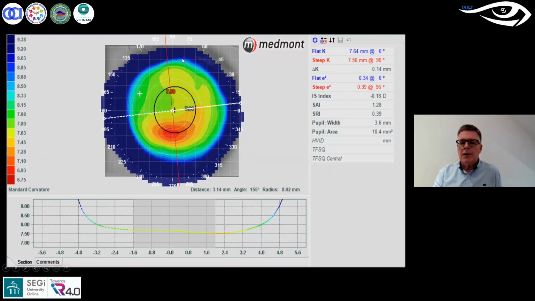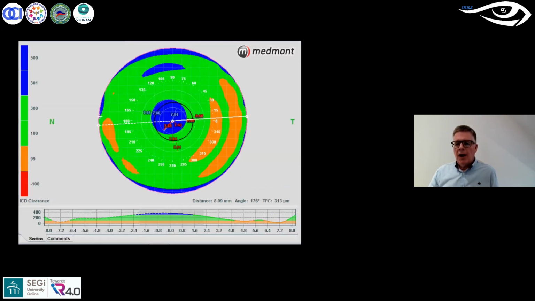We can see that the edge and limbus and beyond is relatively normal. And we have the software now with which we can fit not only rigid gas permeable corneal lenses, but we can fit rigid scleral contact lenses simply from our topography image.